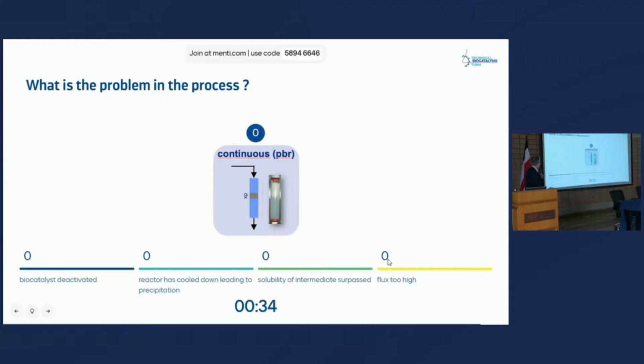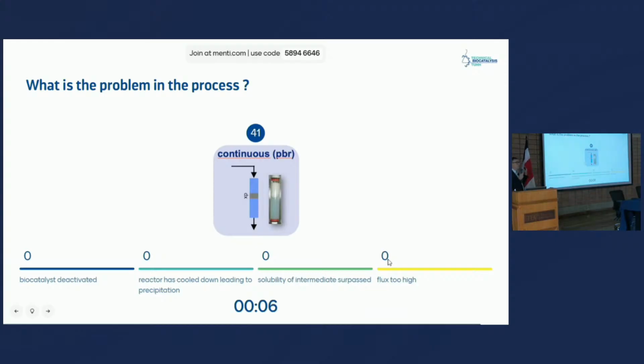Is it either the biocatalyst was deactivated, or the reactor has cooled down, leading to precipitation, or the solubility of the intermediate, of B, was exceeded, or the flux was too high, you were just pumping too fast through the column. What might have been the problem?